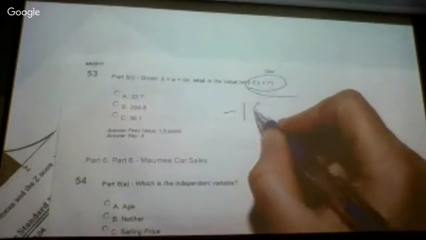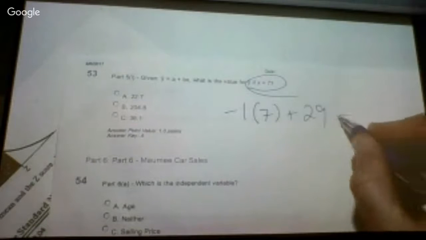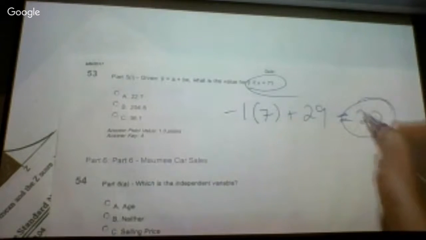We're definitely more than halfway there at this point. 53, if we had 7 people working, basically negative 1 times 7 plus 29 should get us something approximately 22.